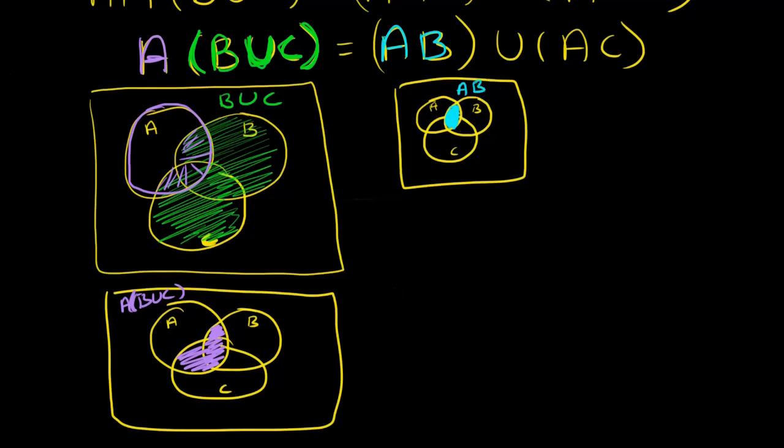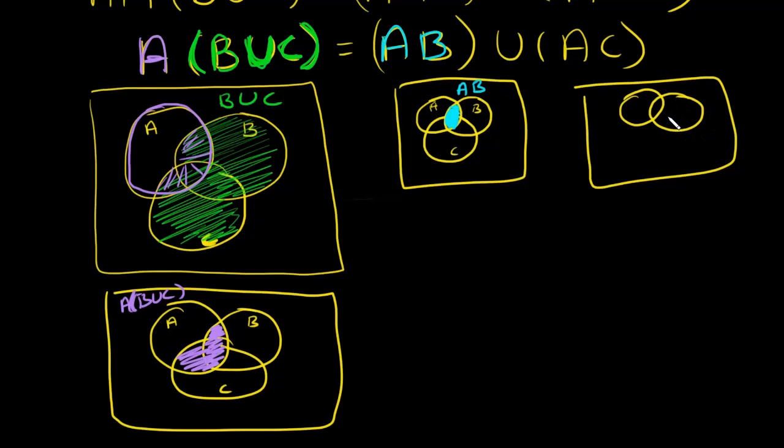All right, so then let's draw another Venn diagram and look for A intersection C. So here's A, B, and C, and I'll use a different color. I'm looking for A and C, so here's A, here's C, so that would be right here, where both A and C are.